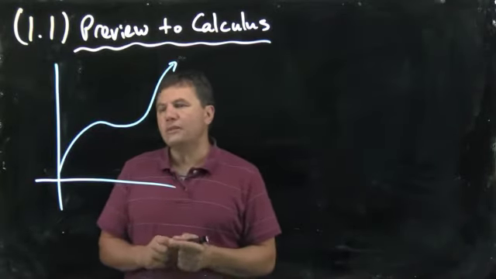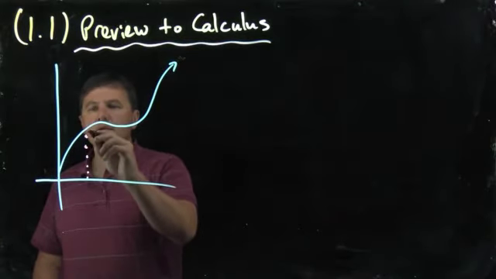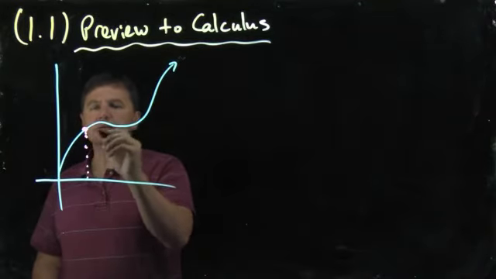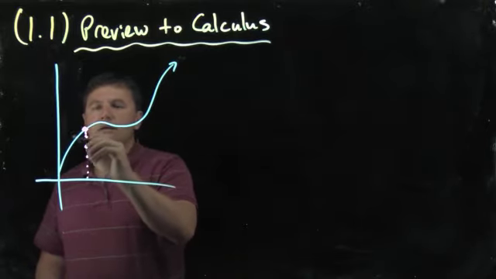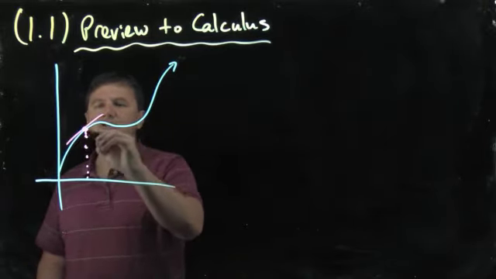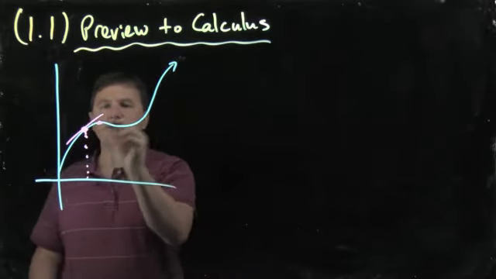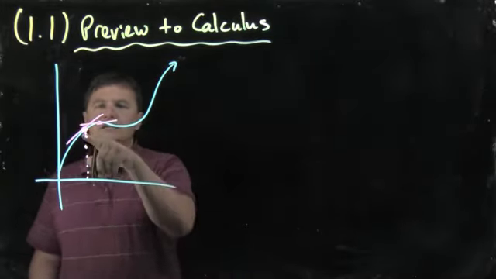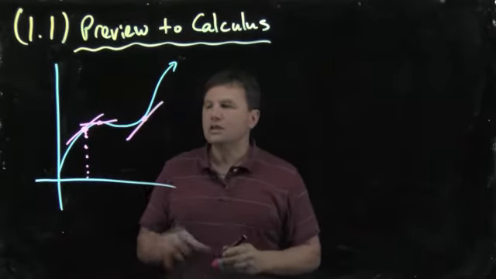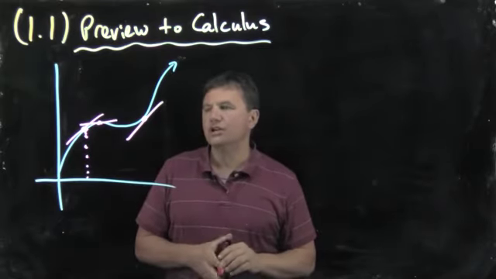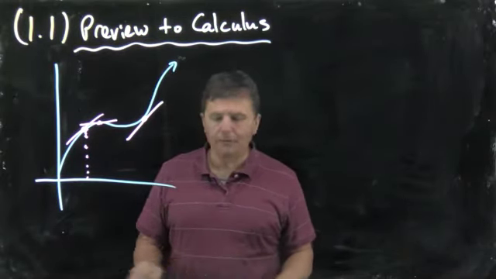So let's say we wanted to know the speed at this particular point. Well, we would need to find the slope of the tangent at that point. Now, the problem with this is it's ever changing. So if I find the slope here, it's going to be different here. Up until now, we haven't been able to deal with that. So this is where we're going to start our discussion, with the tangent line problem.